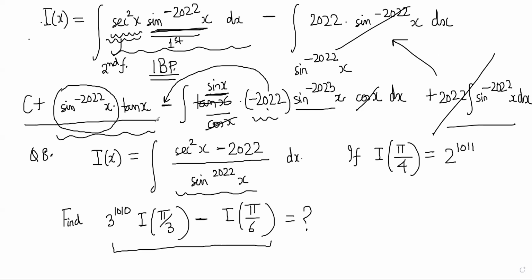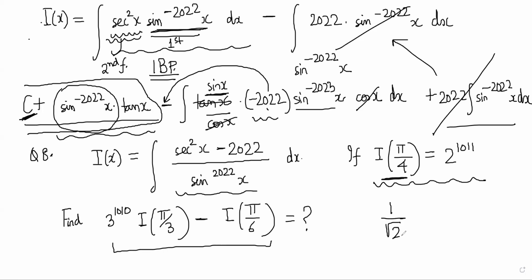Correct? Yes. Okay. And now from this value we will find the constant c, right? Yes, sir. If you put I of pi by 4 here, you will get 1 by root 2 to the power minus 2022 into 1 plus c should be 2 power 1011, right?